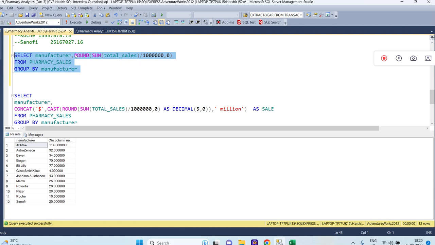Now what is our requirement? We need to do the casting. We need only the digits before the decimal point, after the point we do not require those values. So let me do that over here.